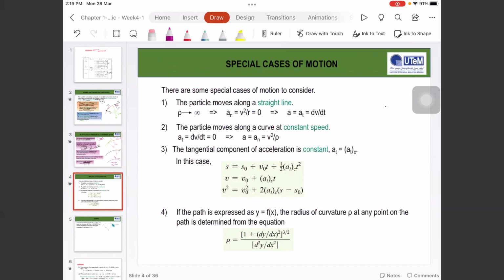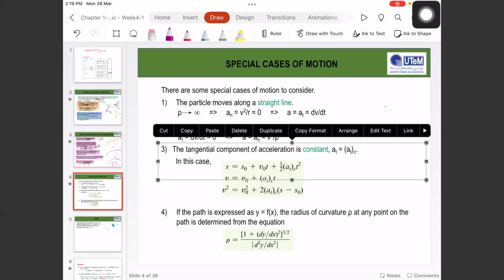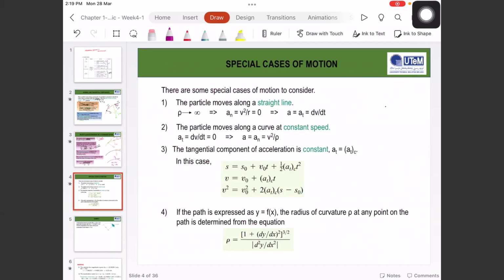Special cases of motion. If the particle moves along a straight line, let's say here, this is the particle.